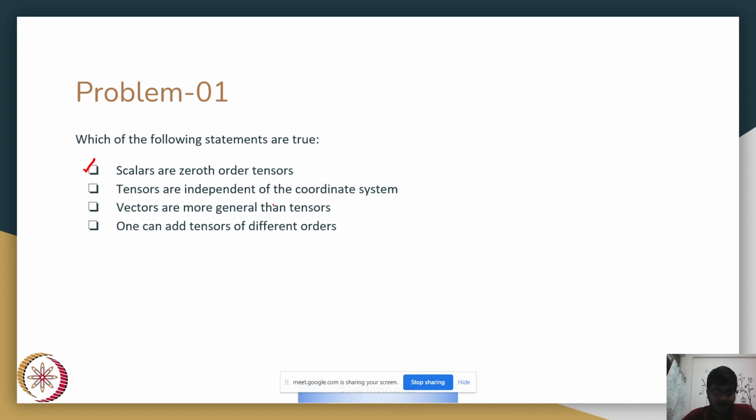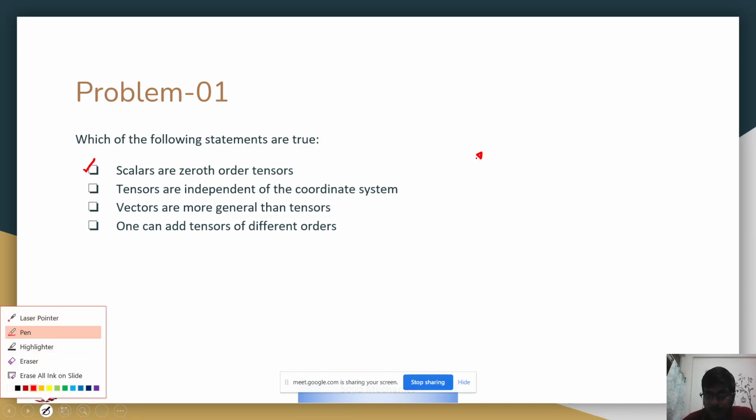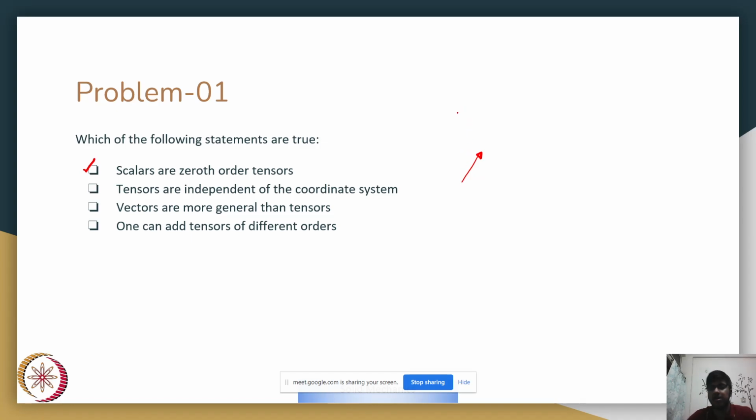Yes. Correct. So, as an example, I'll take a vector. The annotations are visible? Yes, sir, visible. So, suppose I take this particular vector in a particular frame E1 and E2.